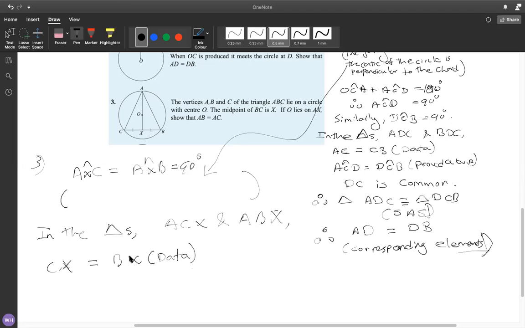These are equal and given as data, and you can see the two angles. Who are they? Angle AXC will be equal to AXB. So you have proved it above.